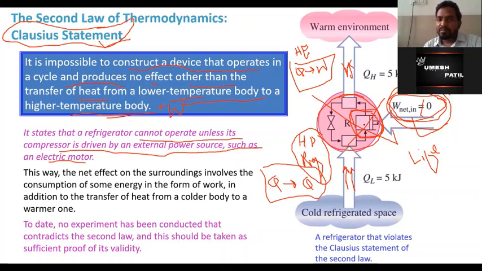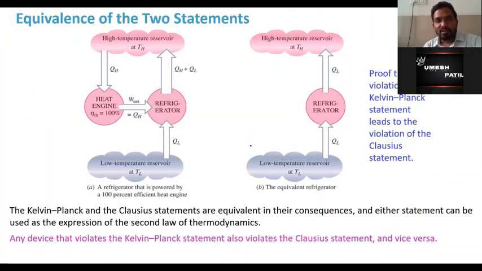The quality of this compressor will decide the life. As long as that compressor is running, your refrigerator is running. Once that compressor is dead, your refrigerator is also dead. Okay. So that is the Clausius statement. That is another statement of the second law of thermodynamics.